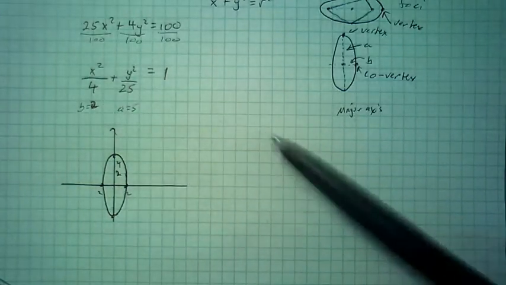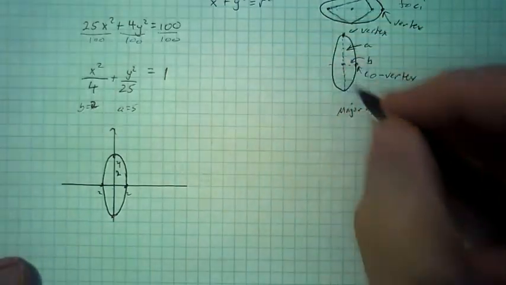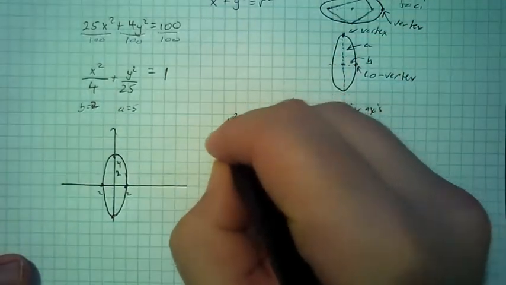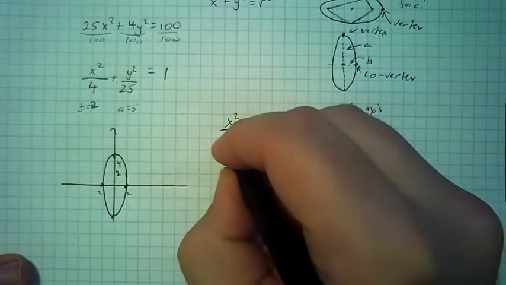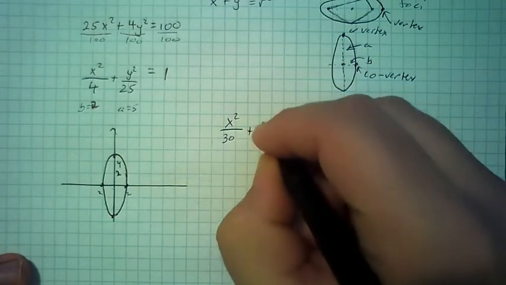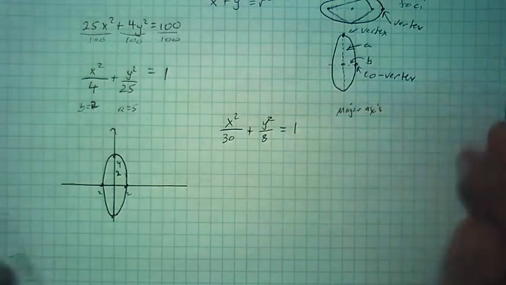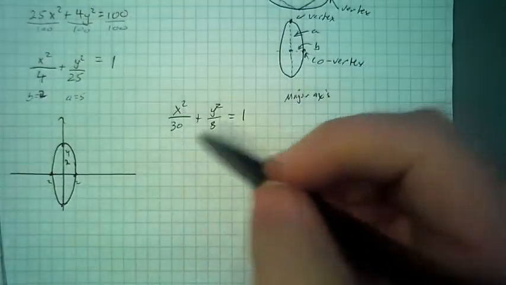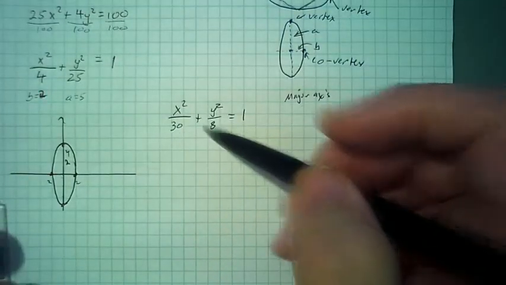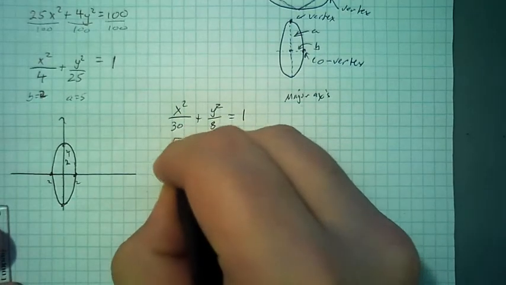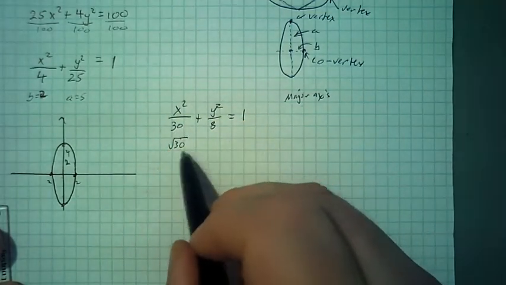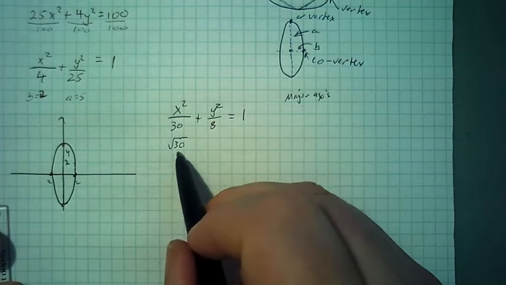Graph the equation. Okay, let me do one that doesn't work out quite so nicely. x squared over 30 plus y squared over 8 equals 1. Now in this case, my axes are going to be irrational. So I think about the square root of 30, which is pretty much dead center between 25 and 36.